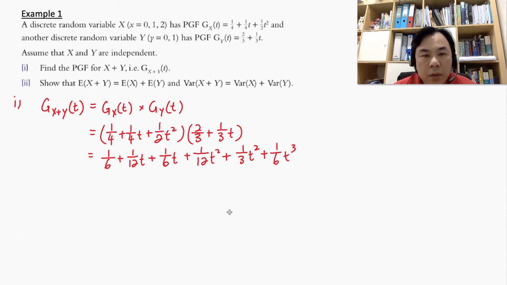So I should have 6 terms in this case. If you try to remember how many terms you should have, here you have 3 terms, here you have 2 terms, so the total number of possibilities will be 3 times 2. You should have 6 there.